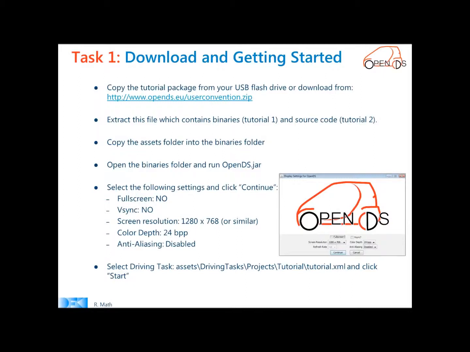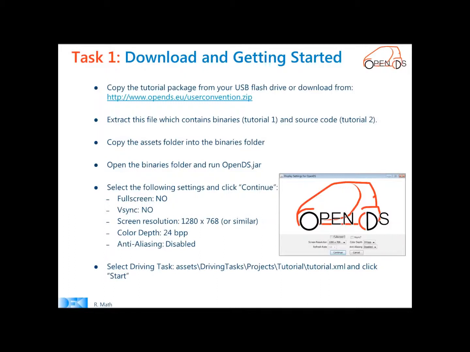Okay, I think some of you have already done the first task to copy all the files to your hard disk. For those at home, you can download them from the given address here. And at home, you would have to extract this file, and then we will go through.